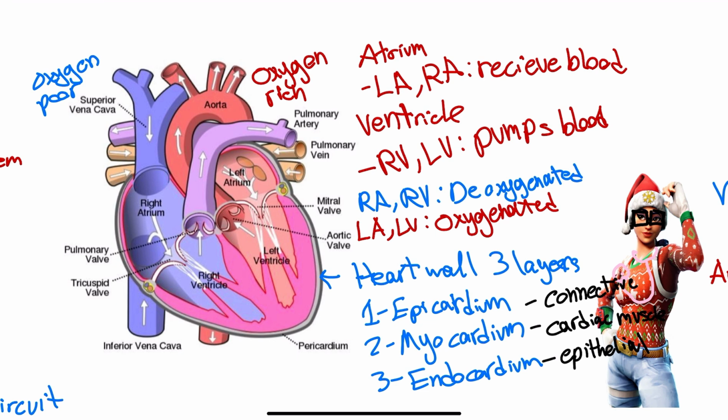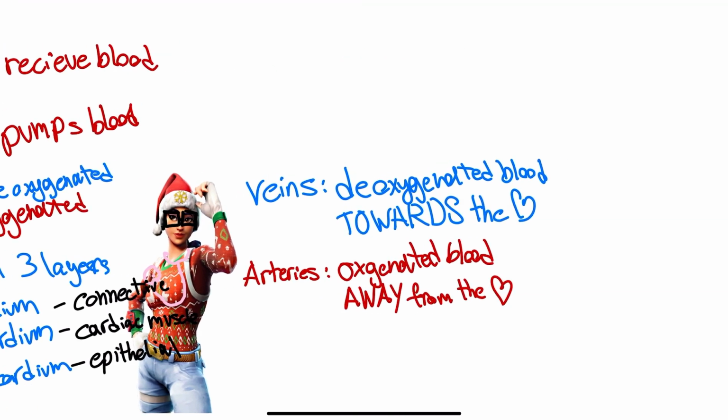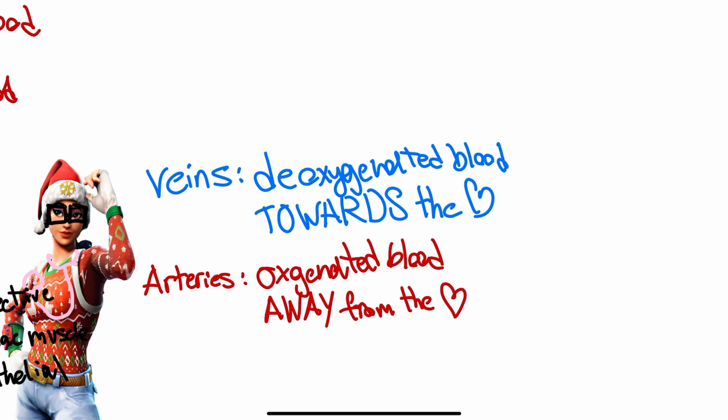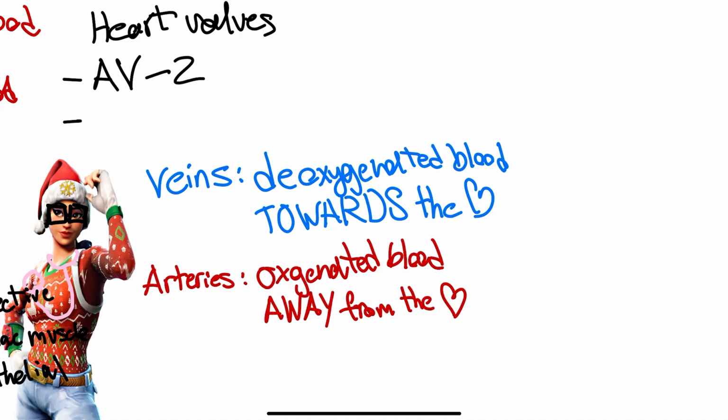Now we have two kinds of valves. So let's do that over here on the side. So, heart valves. We have our atrioventricle valves. I'm so sorry, I'm not writing that. Atrioventricle valves. And then we have, so two of those. And then we have our semilunar, I'm just going to write SL valves, which we also have two of those.